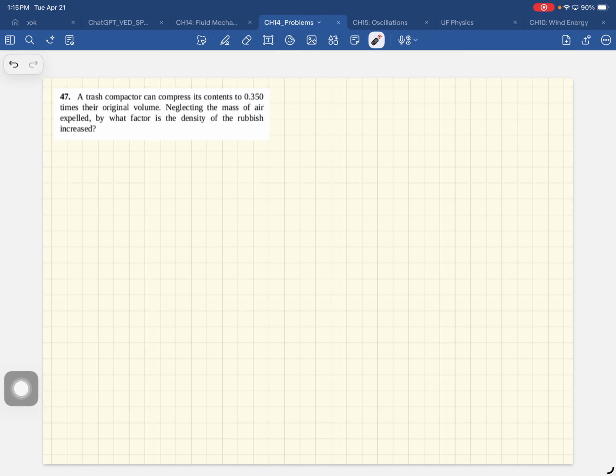So the pressure is increasing. When we calculate the force, there's also atmospheric pressure in this direction. So the net pressure is this pressure minus that pressure, which is P minus P naught.